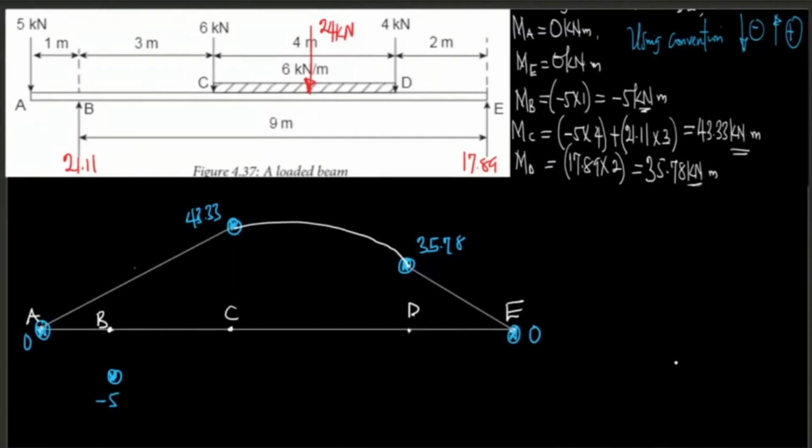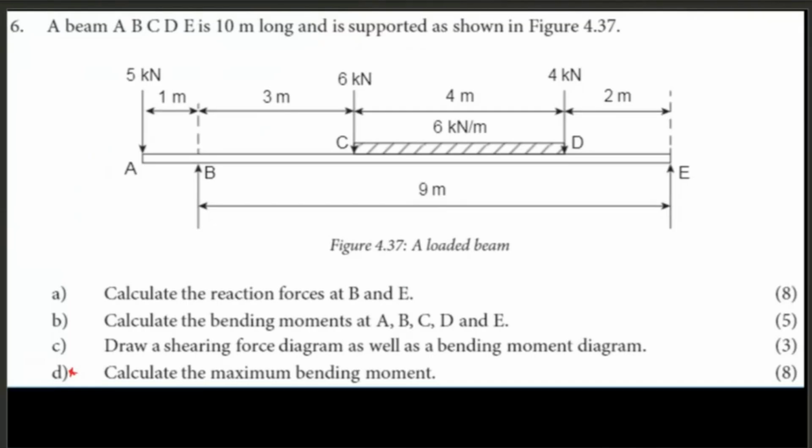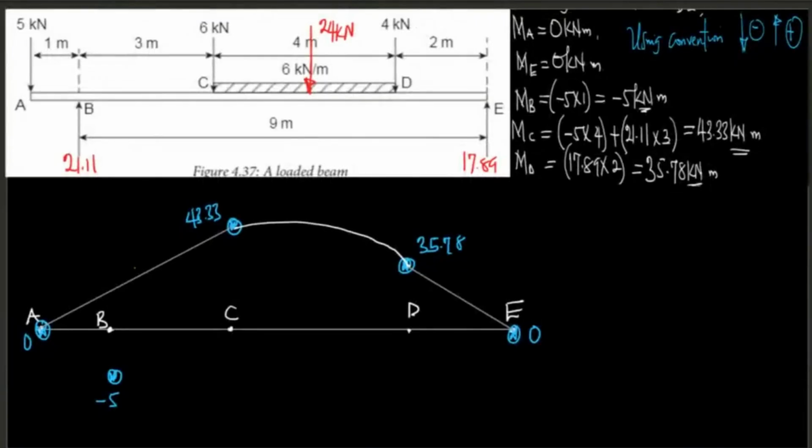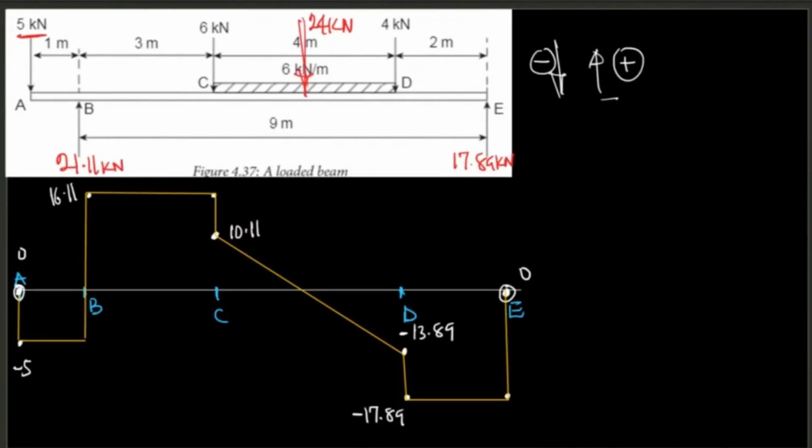Okay, this is where I'm interested in, guys. The last question here. Calculate the maximum bending moment. Now, there is something I want to tell you here. This is also in strength of materials and structures. The point of maximum bending moment is a point where the shear force touches the origin.